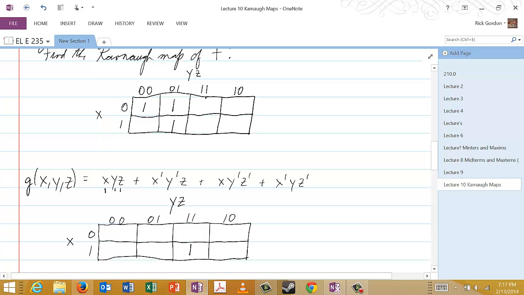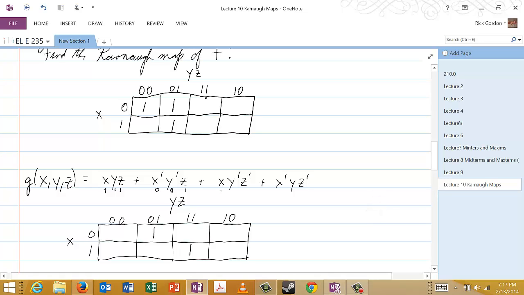For the next term, when will it be equal to 1? Well, we need x 0, y to be 0, and z to be 1. Now, x equals 0 tells us we're on the top row, and then y is 0 and z is 1 gives us that cell.